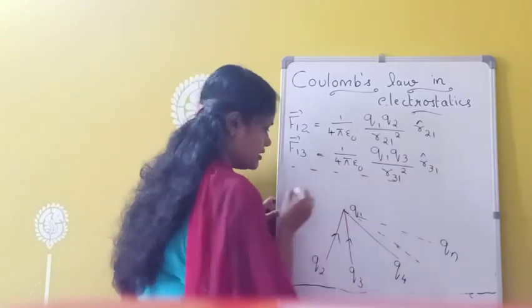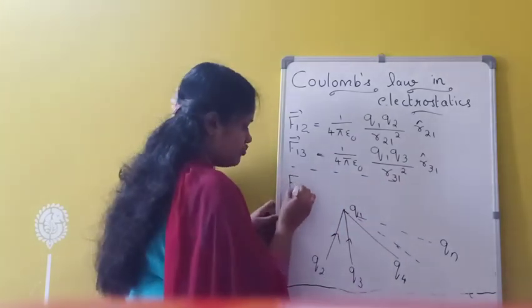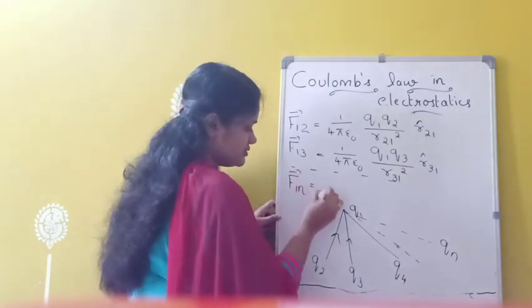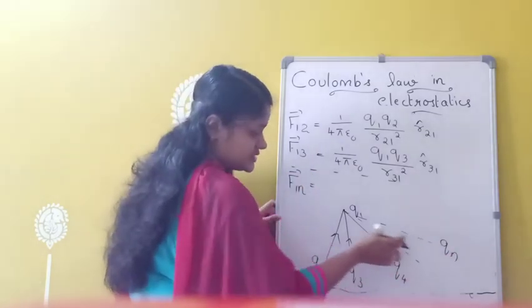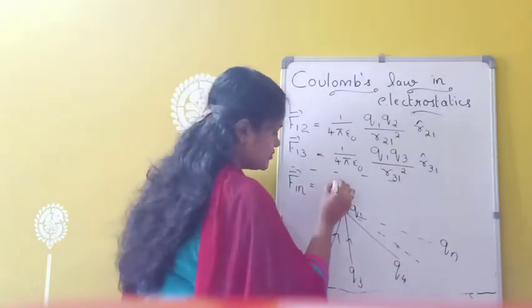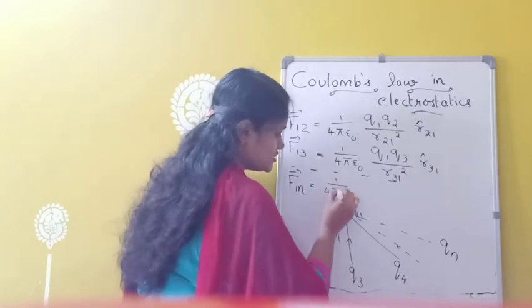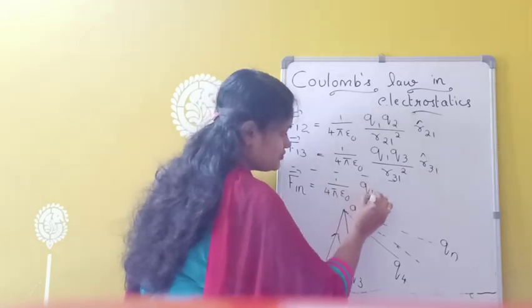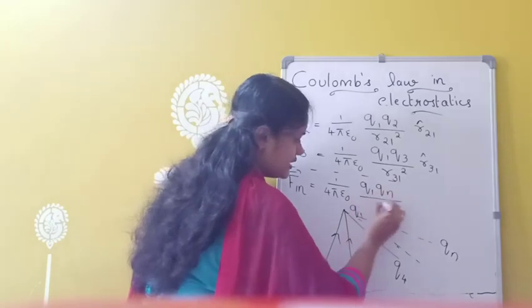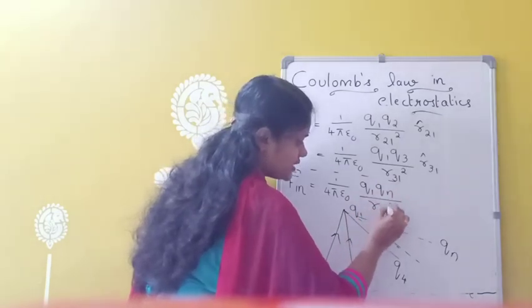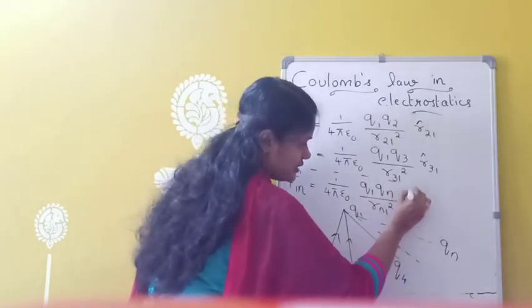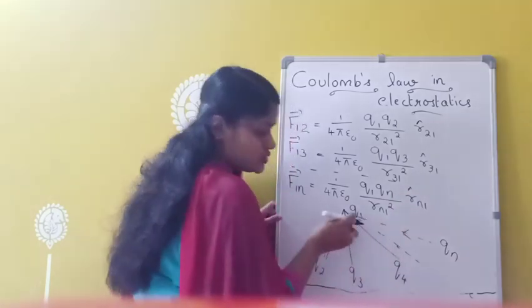Similarly, etc. Last one I am taking F1n. That is the nth charge Qn exerting force on Q1. That is equivalent to 1 by 4 pi epsilon 0 Q1 Qn divided by Rn1 square into unit vector Rn1, in this direction Qn to Q1.